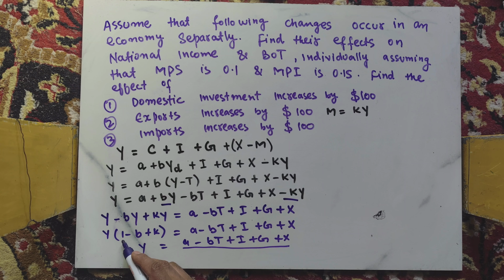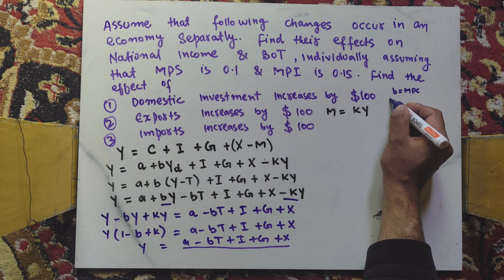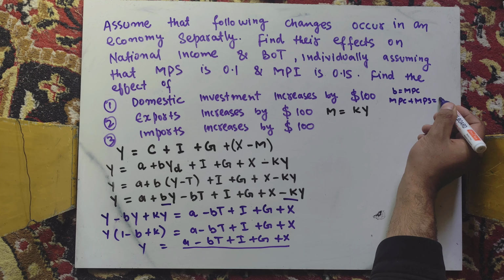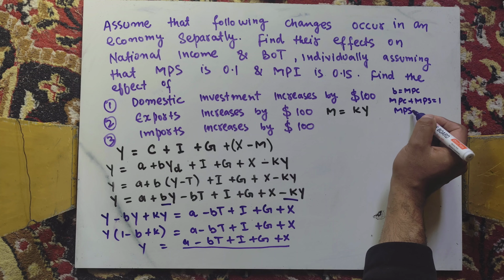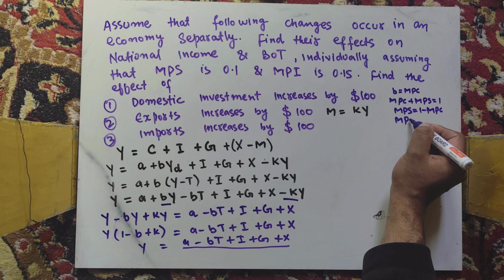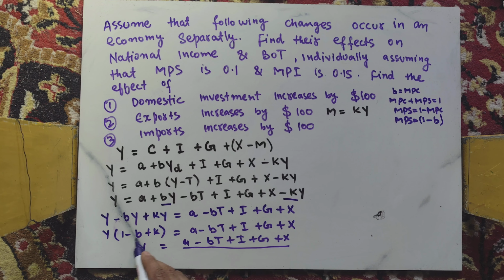What is 1 minus B? Since B is the marginal propensity to consume, B is equal to MPC, and we know that MPC plus MPS is equal to 1, so MPS will be equal to 1 minus MPC. The marginal propensity to save will be equal to 1 minus B, since MPC is B. So 1 minus B denotes our MPS, and K denotes our marginal propensity to import.